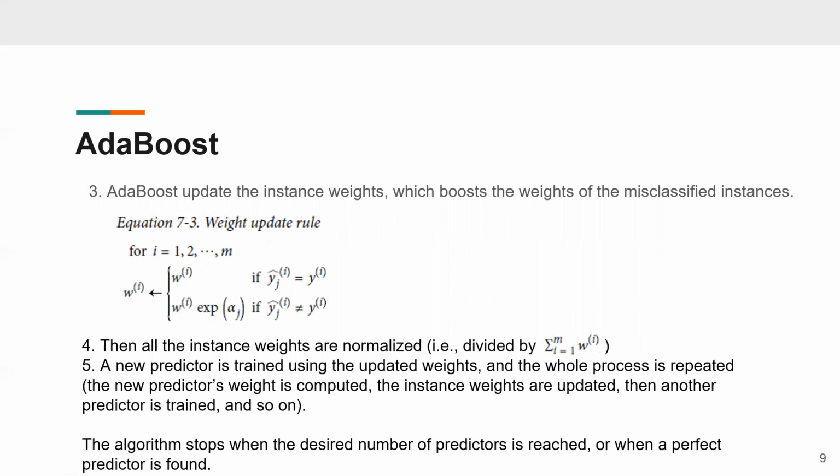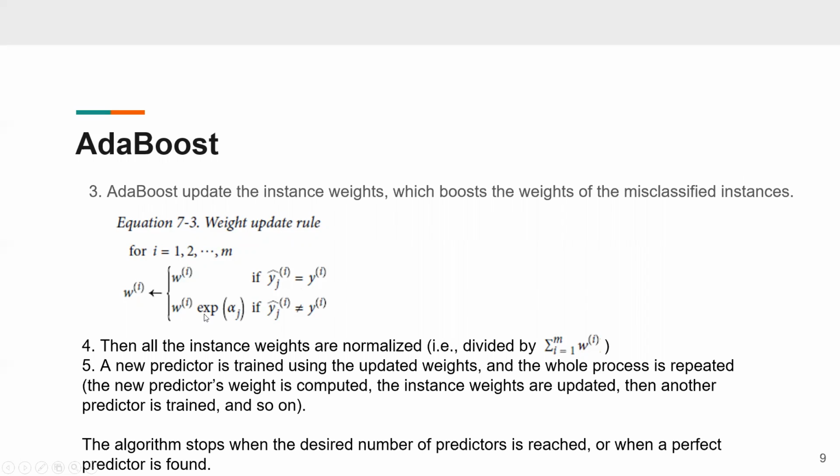So AdaBoost updates the instance weights, which boosts the weights of the misclassified instances. As I just mentioned earlier, you have a mechanism to increase the weights of the misclassified instances. If your prediction is correct, then you keep the weight.